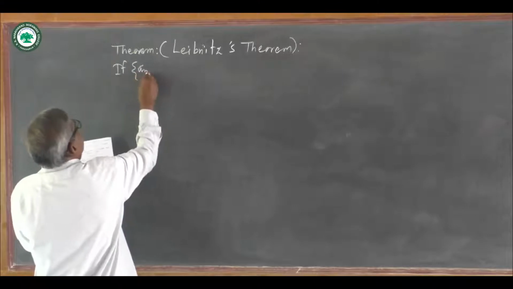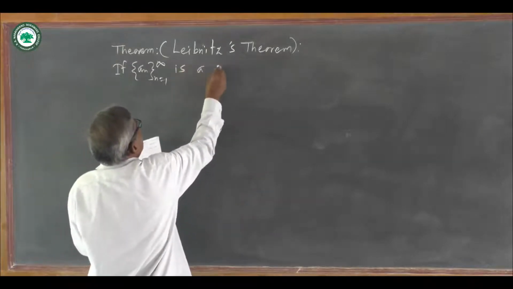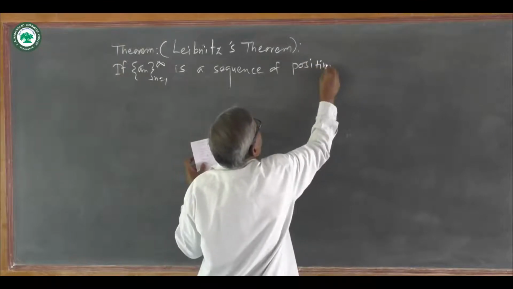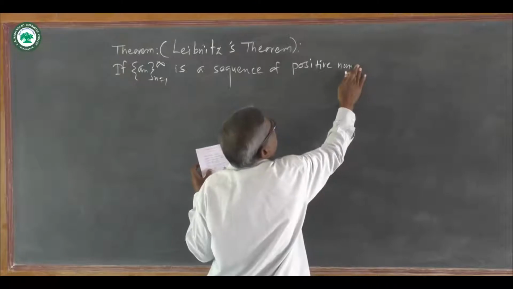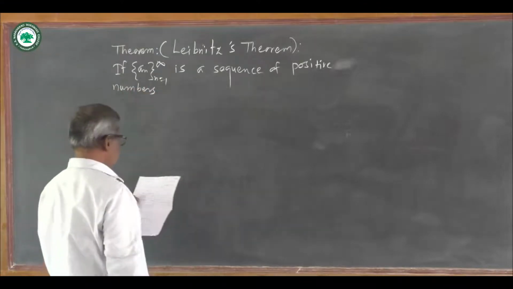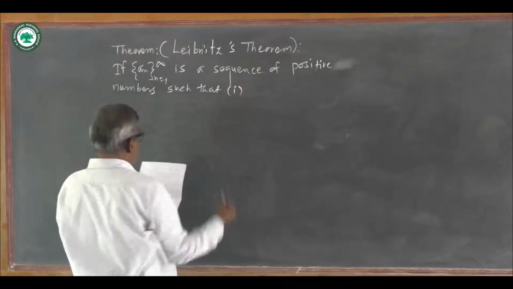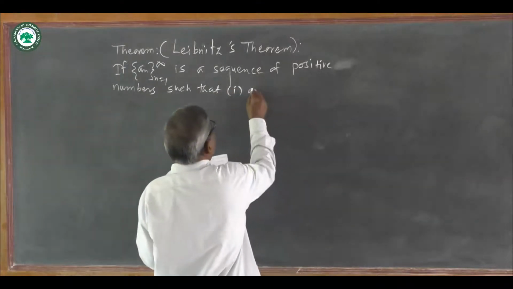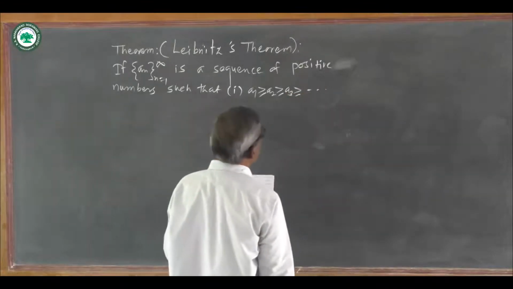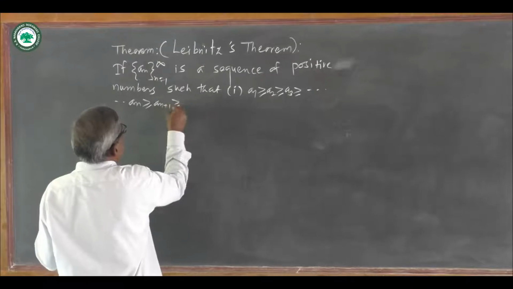the sequence a suffix n, n equals 1 to infinity, is a sequence of positive numbers such that, first, a1 is greater than or equal to a2, a2 is greater than or equal to a3, and so on, an is greater than or equal to an plus 1, and so on.